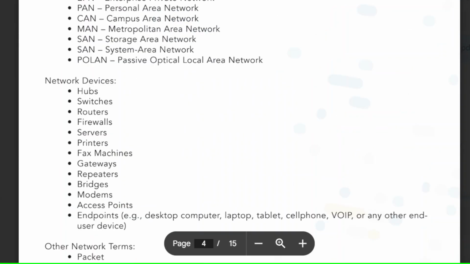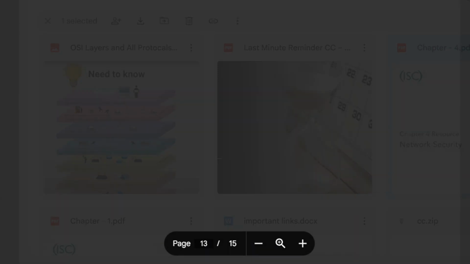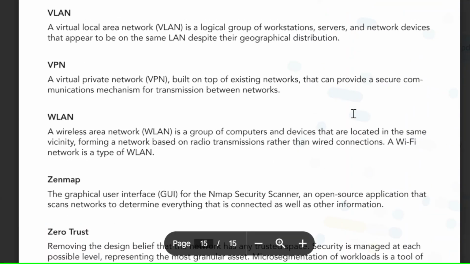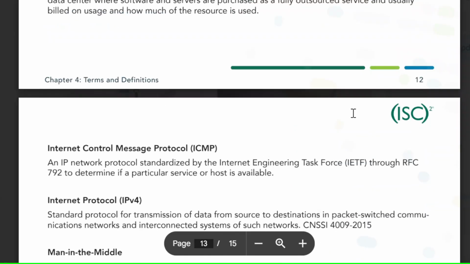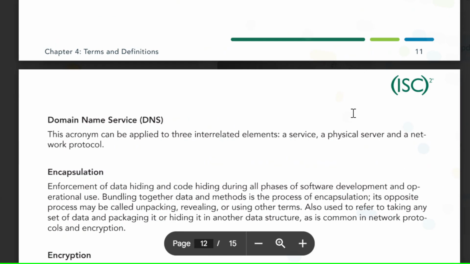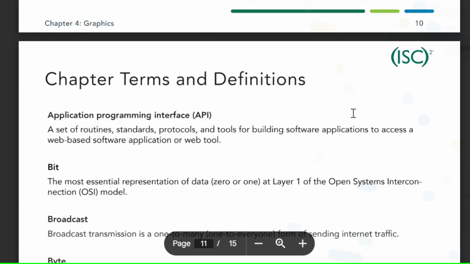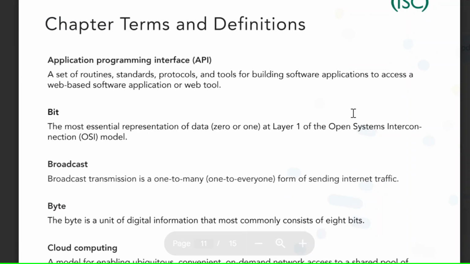Let's understand the terminologies involved in this chapter. First, we'll understand the API.